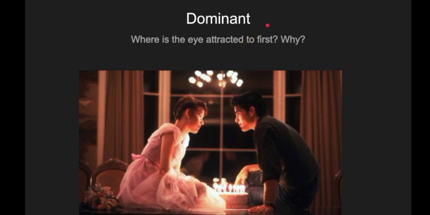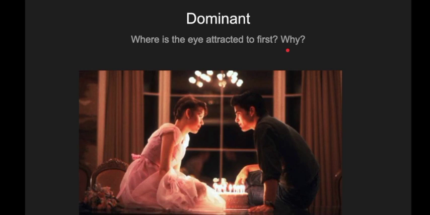Okay, when we first look at mise en scène, we look at the dominant figures in each scene. So we ask the question, where is the eye attracted to first? And more importantly, why?